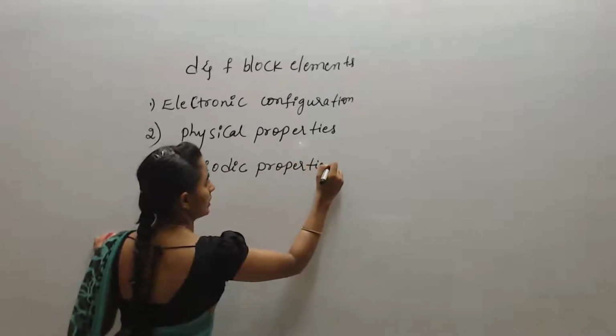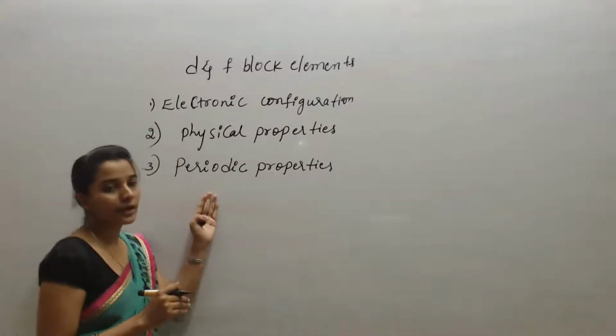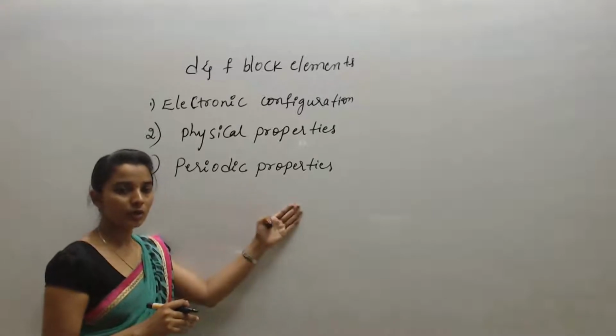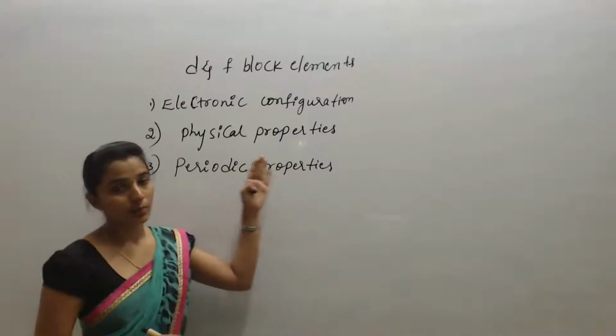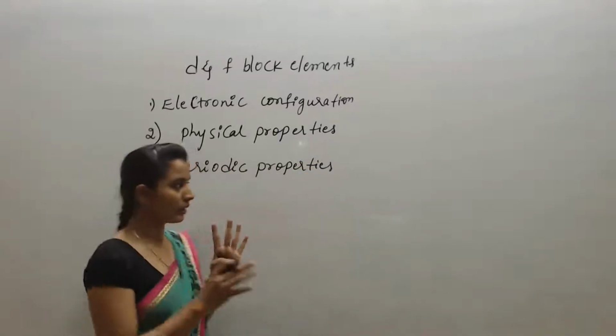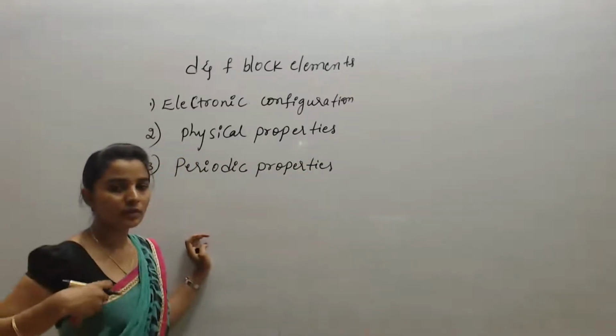Periodic properties may be oxidation state, ionization energy, electron gain enthalpy, atomic radius, ionic radius, metallic radius, whether they are paired or unpaired, magnetic properties, everything. That is periodic properties we will study.